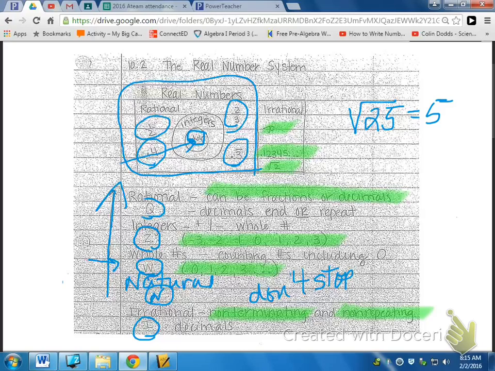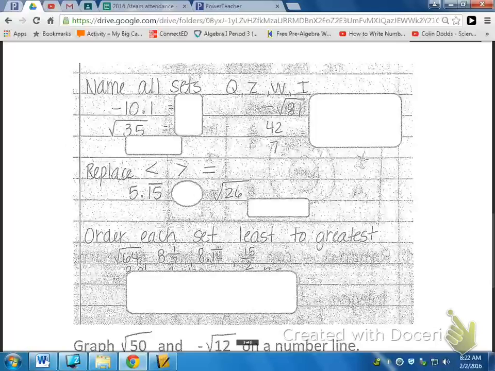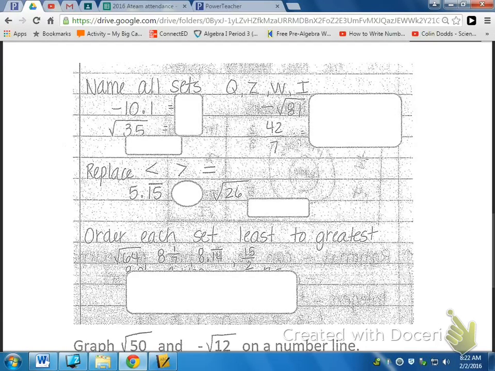Okay, any questions about that diagram or that? Just kind of keep that there, because we're going to go on to some examples, and I want you to have that to refer to, okay? I'm not going to have it up on the screen. So let's go down to what kinds of things you're going to be doing. Name all sets Q, Z, W, I, and I'm going to add N to that.